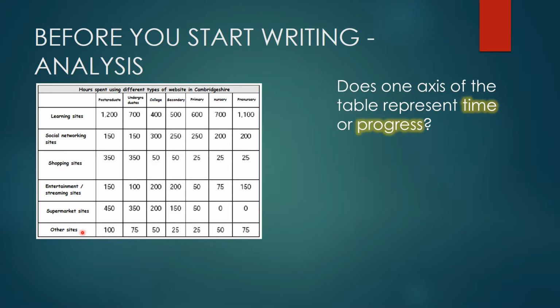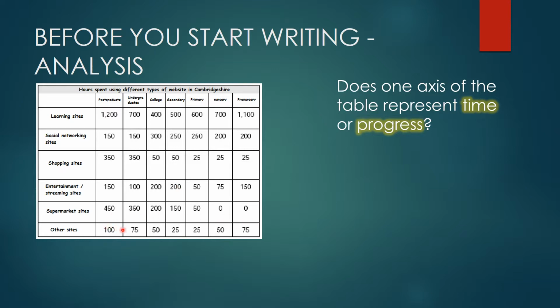There's no real relationship between them. But the horizontal axis does demonstrate a progress from the oldest postgraduate students down to the youngest types of students. When you identify which axis shows progress or the passage of time, follow the numbers along that axis and try to identify the pattern.